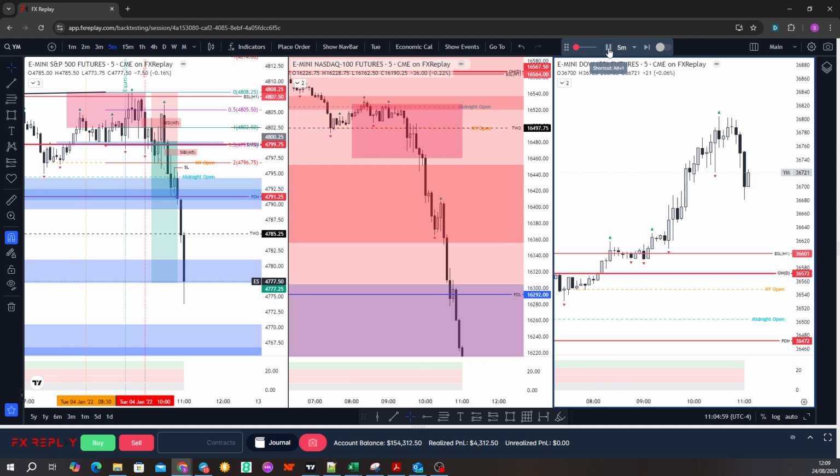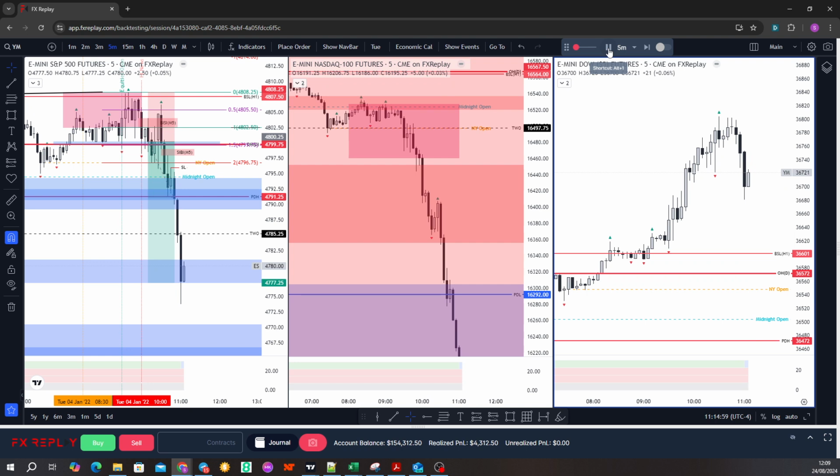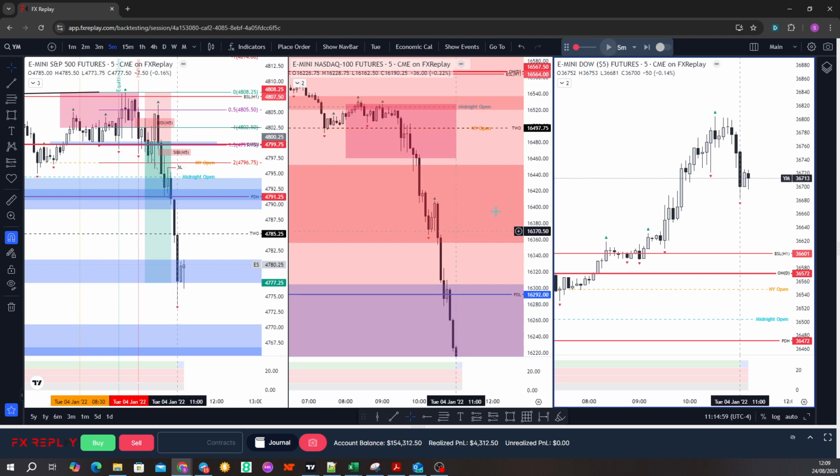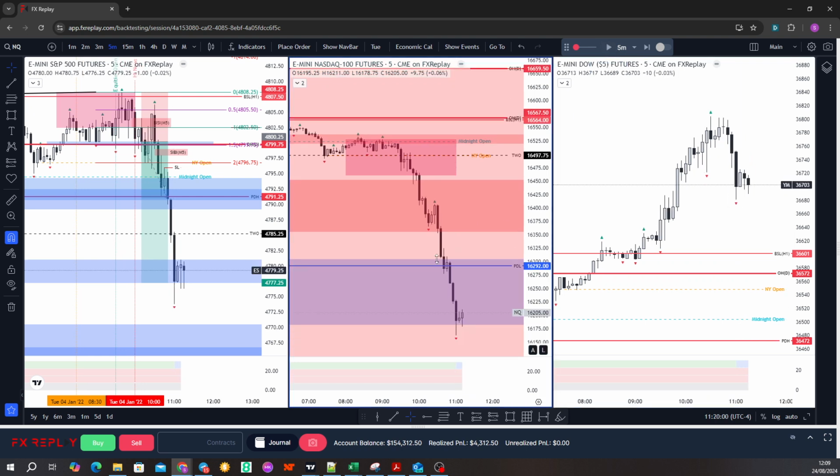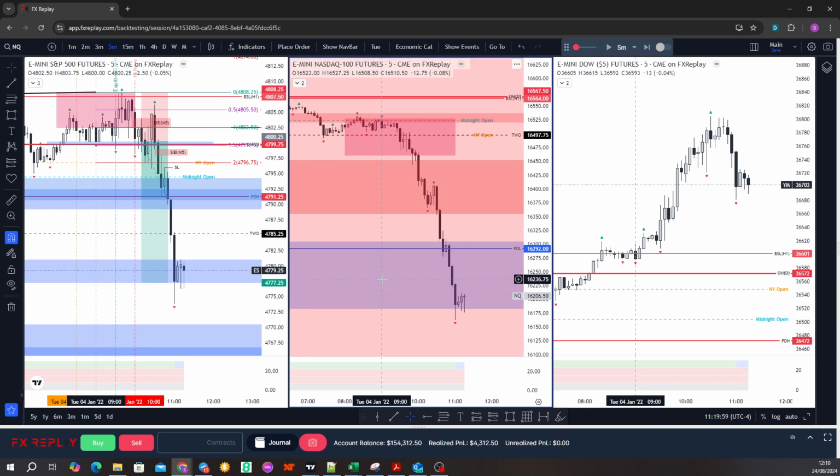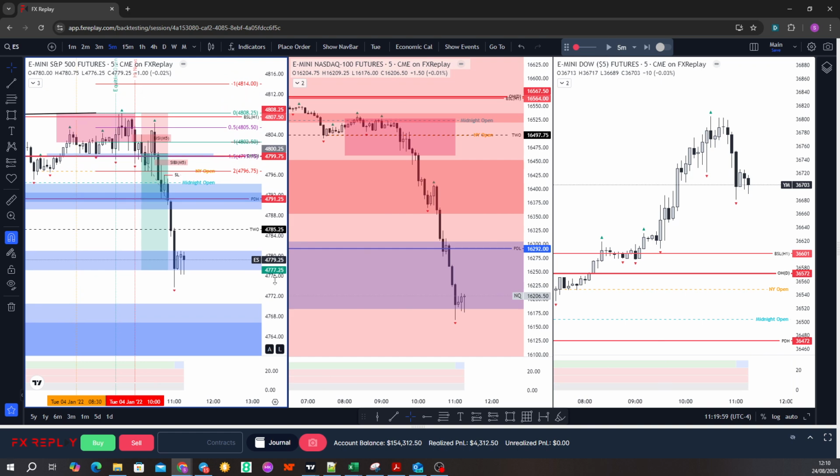See where we go. Do we go lower, which I envisage we will. Yeah, so it'd have been this low. If this low was purged, then stop loss would have been brought down. Yeah, we can continue.